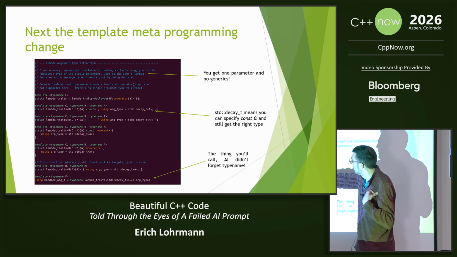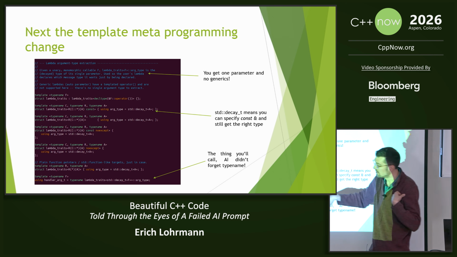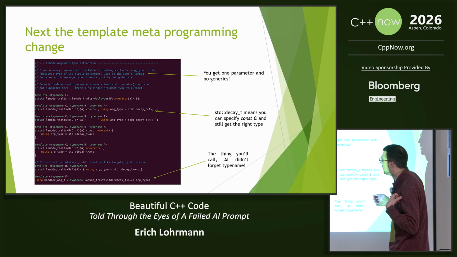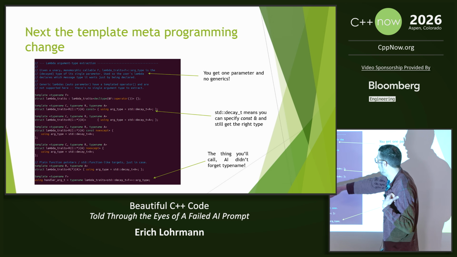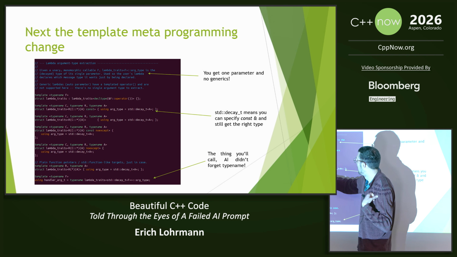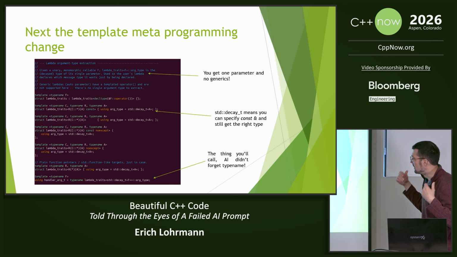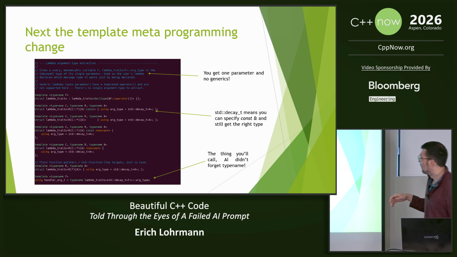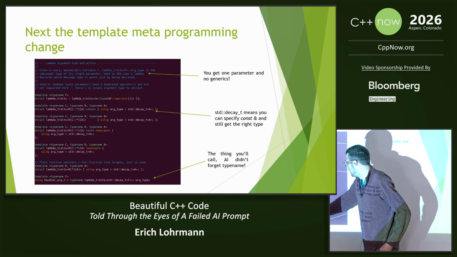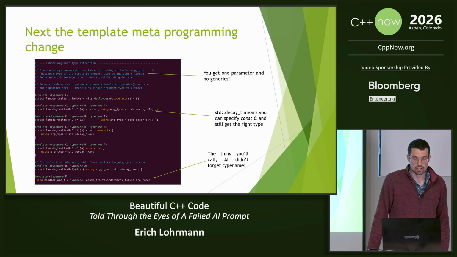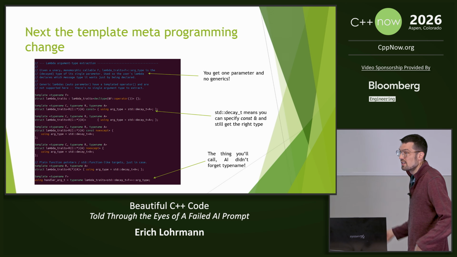It knows you've got to do the decay type T if you want to not worry about constants and references. It knows you need multiple of these for const noexcept, const, and the normal one with no noexcept, and just noexcept, right? It also knows how to do it for function pointers and std::function targets, which is interesting because that was left as an exercise to the reader this morning.